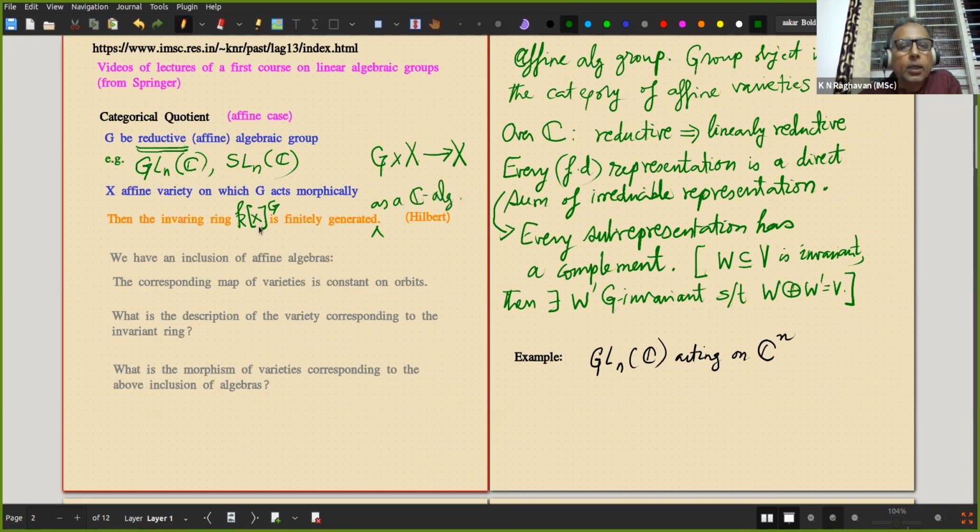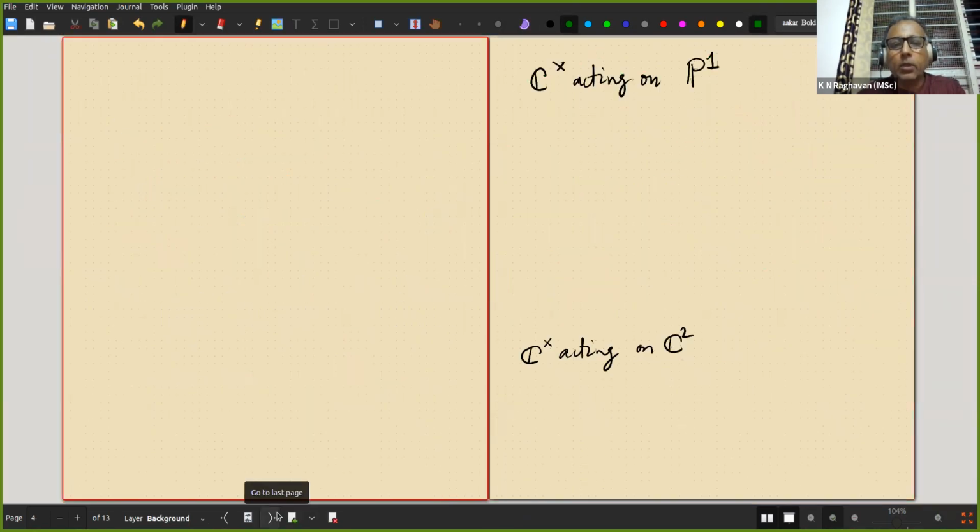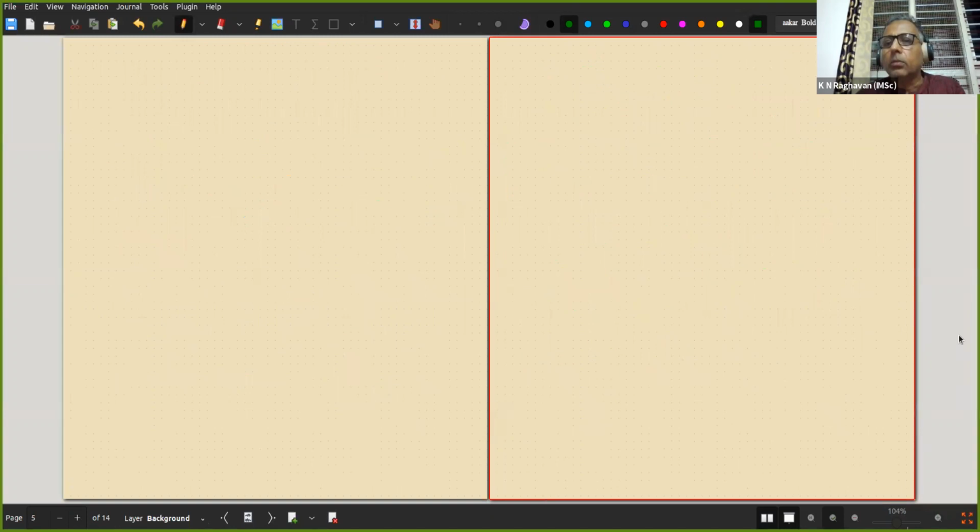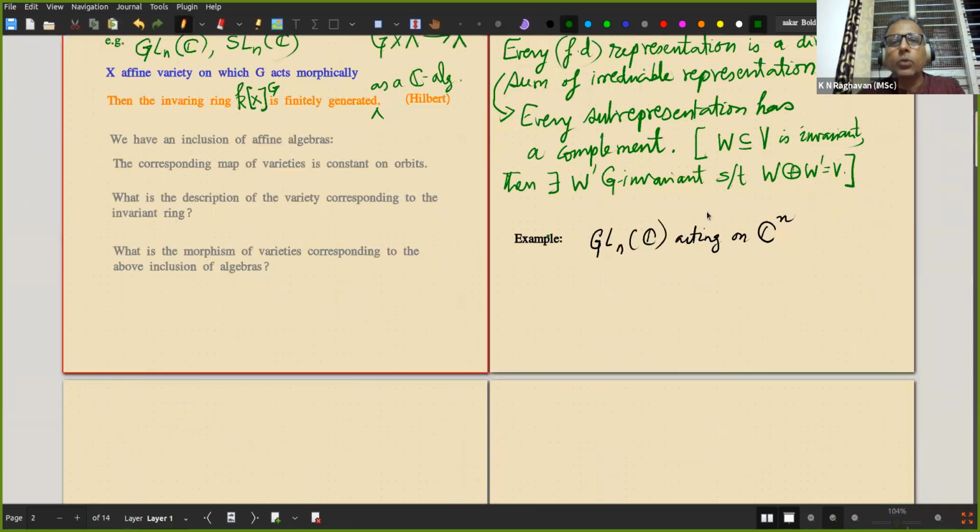Okay, one comment here, I keep writing K and C. The K is actually C. I could have written C here, but I feel more comfortable when I write K[X], as K[X] means the ring of functions of X. And somehow in that context, I prefer to write K rather than C. Let me move this here.